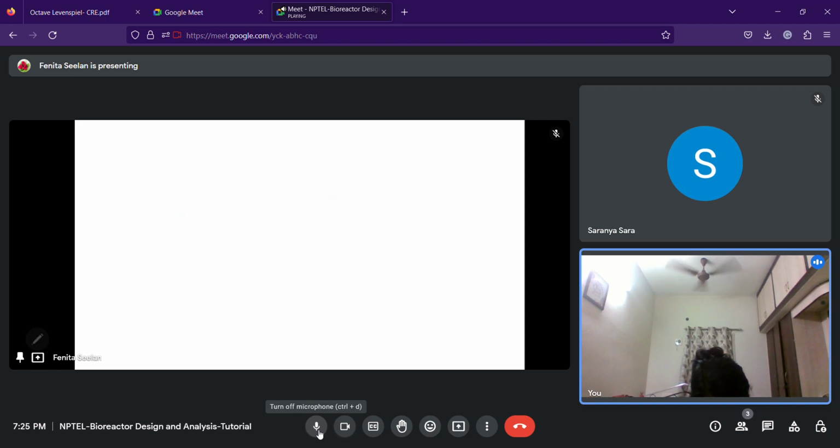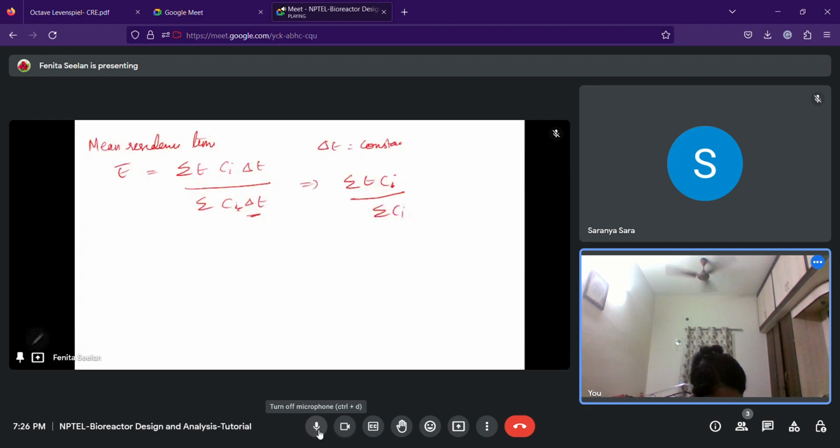Mean residence time can be the summation of your time, your concentration, and your time interval divided by the summation of your concentration and your time interval. Your time interval is constant. So this will be the summation of time times concentration C_i divided by the summation of concentration C_i.